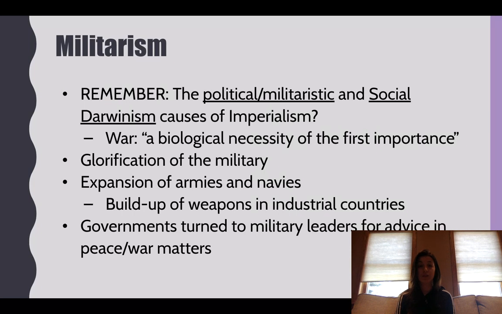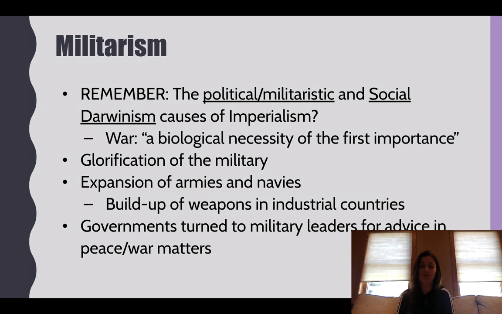So militarism, we talk about this as a cause of imperialism. The idea of militarism is this glorification of the military. It's a mass expansion of armies and navies and buildup of weapons in other countries. Well, when a country is building up their weapons and another country sees this, they're probably thinking, why do they need all those weapons?